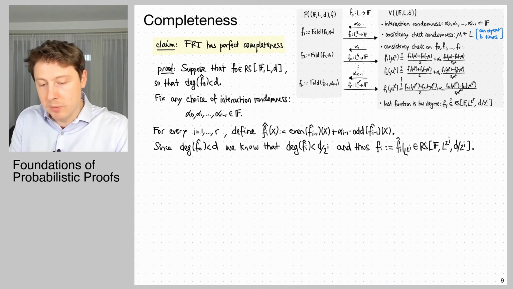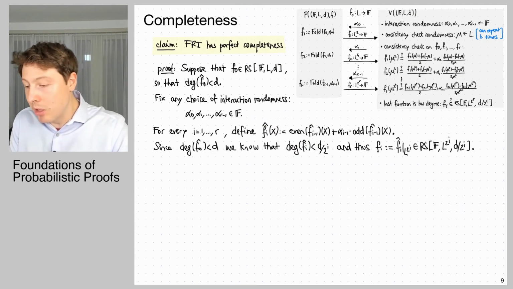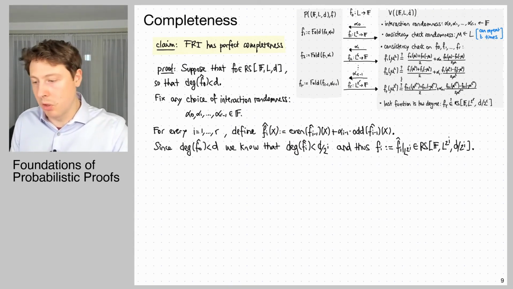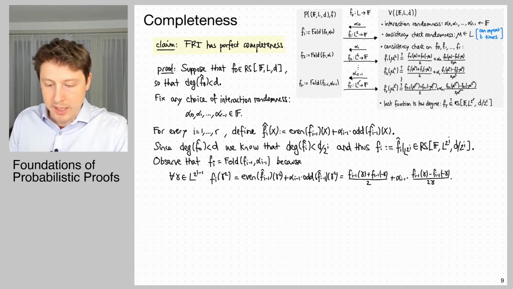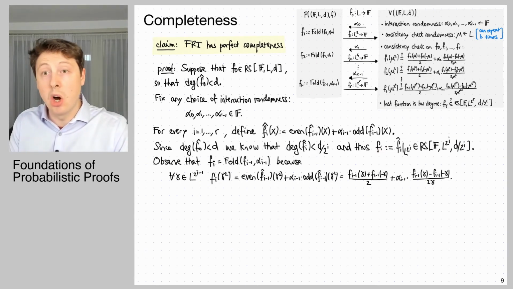Now, because this original assumption holds, we know that each of these polynomials has degree strictly less than d over 2 to the i. And therefore, if we evaluate them on the corresponding domain, they will be in the correct Reed-Solomon code with the right power here and the right power there. And this function is precisely the folding function that is used by the honest prover, right?